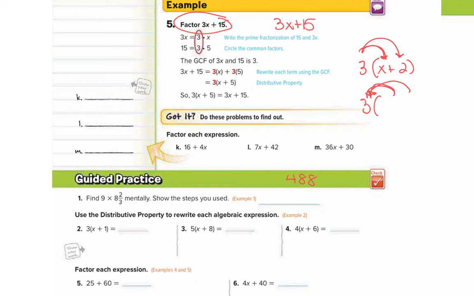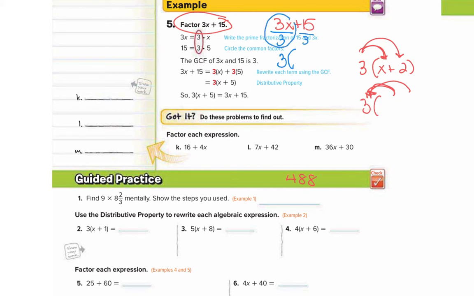The greatest common factor between 3 and 15 is 3. So we're going to divide out a 3. We're going to put it on the outside of a parenthesis. Dividing it out means we're going to divide it out from the 3x, and we're going to divide it out from the 15.